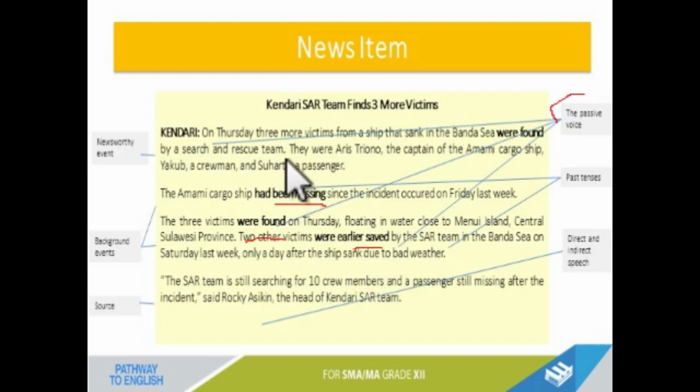Then the verb sink, meaning tenggelam, is also a use of past tense in this paragraph. Then for direct and indirect speech, there is: the search team is still searching for 10 crew members and passengers still missing after the incident.